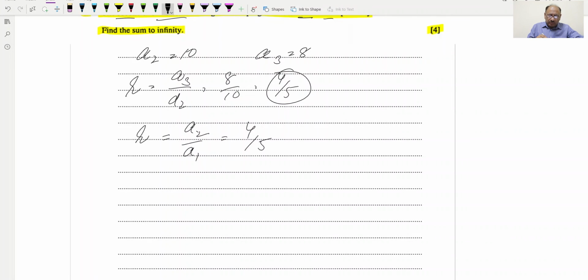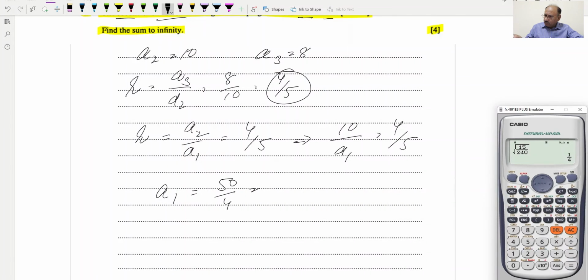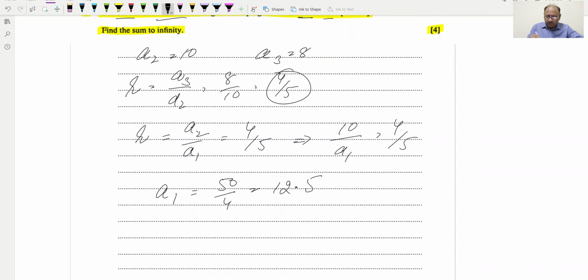So a2 is 10, which implies 10 over a1 is equal to 4 over 5. So a1 is equal to 50 over 4, which is 12.5. So 12.5 is our a1 value.